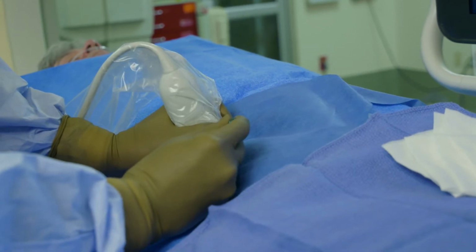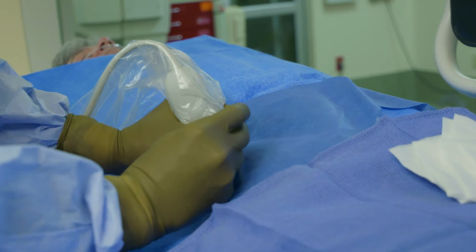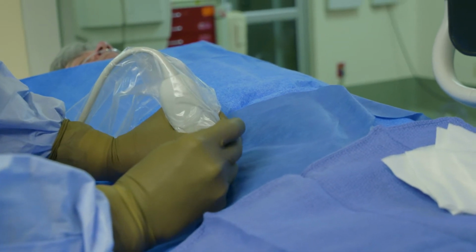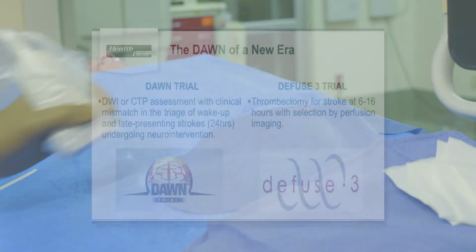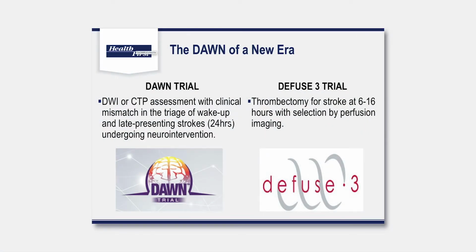After 6 hours from stroke onset, relatively fewer studies are available to aid in determining optimal stroke management with thrombectomy. The DAWN trial compares stroke patients with a mismatch between their clinical deficits and infarct volume, treated 6 to 24 hours after symptom onset with thrombectomy plus standard care, compared to standard care alone.